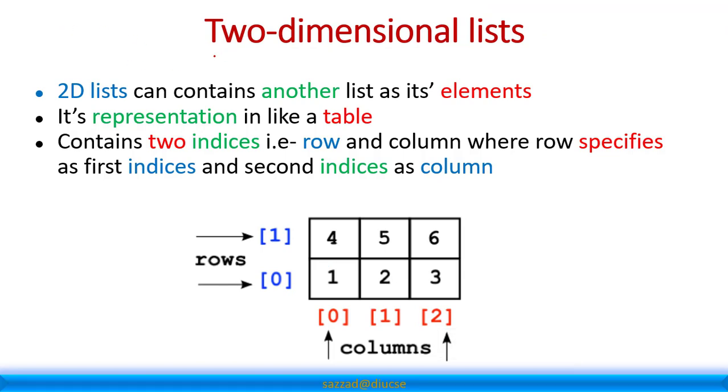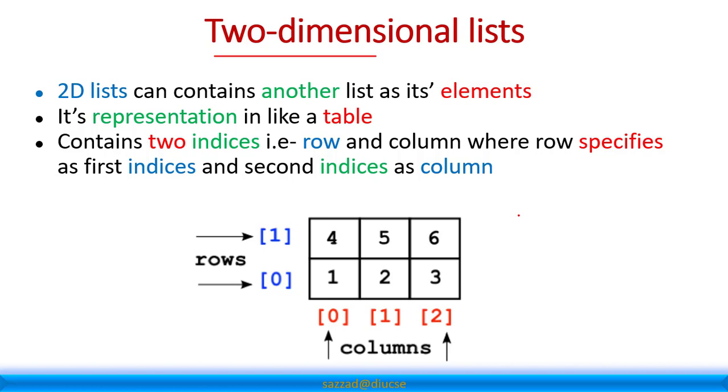Okay, so now we move on to a very interesting topic in Python, which is the two-dimensional list. A two-dimensional list can contain another list as its item. Its representation looks like a table. So when it is represented or gives the output, it looks like a table. It contains two indices, that is row and column, where row is specified as the first index and column as the second index.